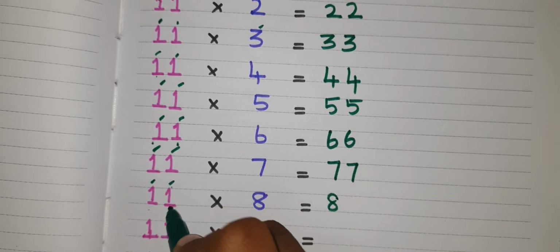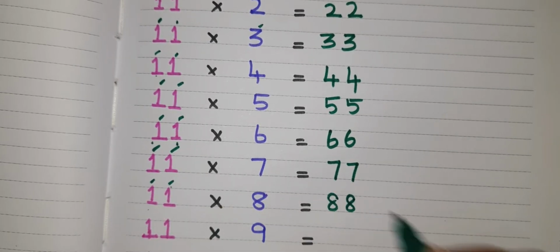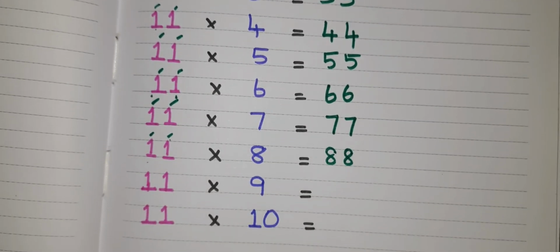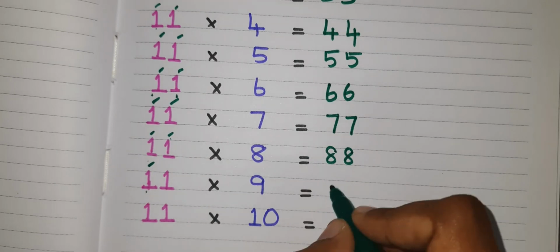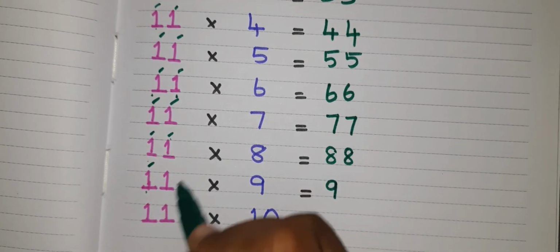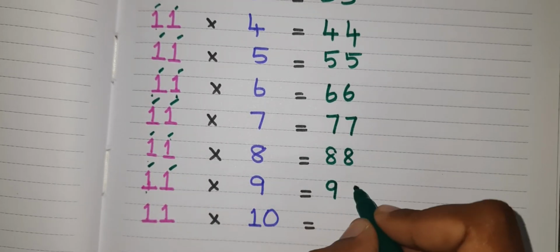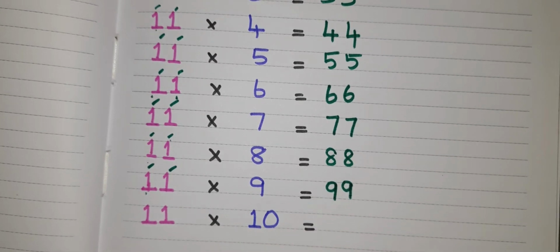Next 1 into 8, again 8, 88. 11 into 9 equal to 1 into 9, 9. 1 into 9, 9, 99.